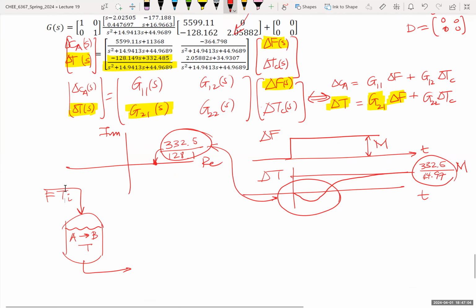The feed is cold. So all of a sudden we dump cold feed into the reactor, which is why the temperature goes down. But by dumping more feed into the reactor, we add more reactant. More reactant means more reaction rate: concentration goes up, reaction rate goes up, which means the temperature will go up, and eventually it goes up like this. It's a typical inverse response system.